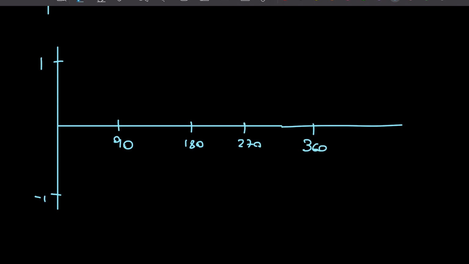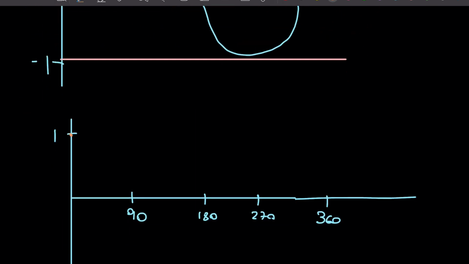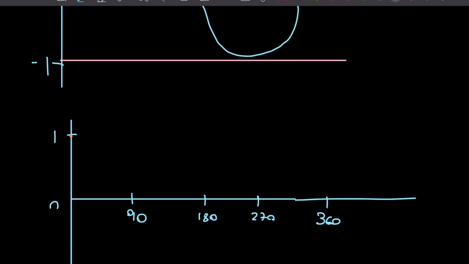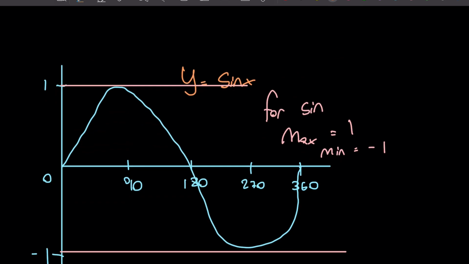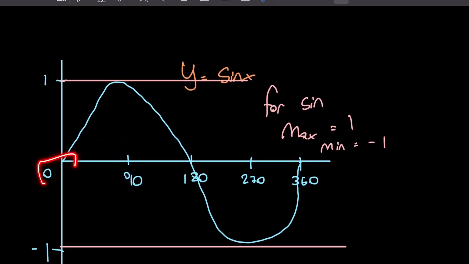And this will be the graph of y equals cos x, but before that, what we do is cos starts at its maximum. So if you realize, sine starts at 0, right? Whereas cos, instead of 0, because if you look right here, this is where the sine graph starts. It gets to its maximum at 1, goes down, and gets its minimum at negative 1, and goes back to 360, and that's one full cycle.